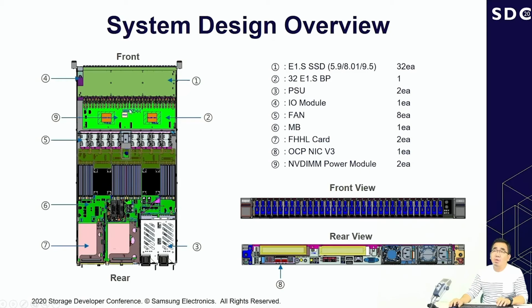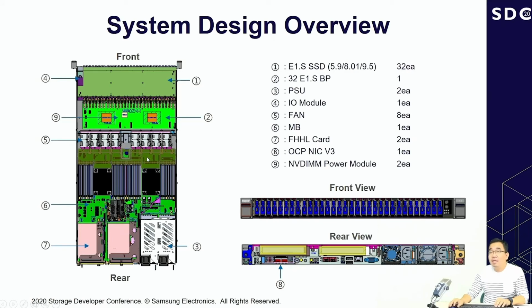I'm going to talk more deeply about why we chose the orthogonal connector and horizontal backplane. There are two PCIe Gen4 100 lane switches on the backplane, and in the middle of the chassis there are 8 40mm dual motor system fans.